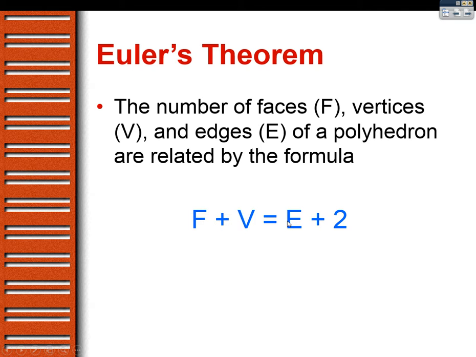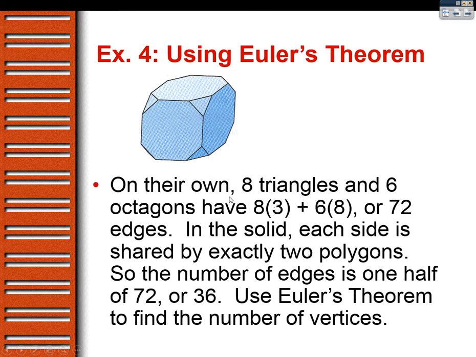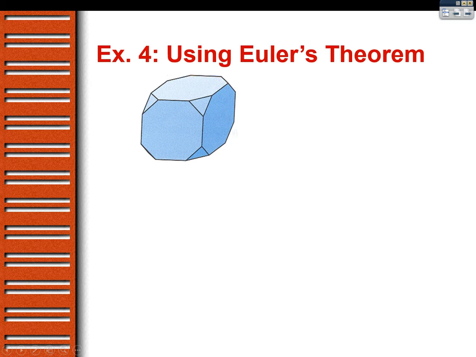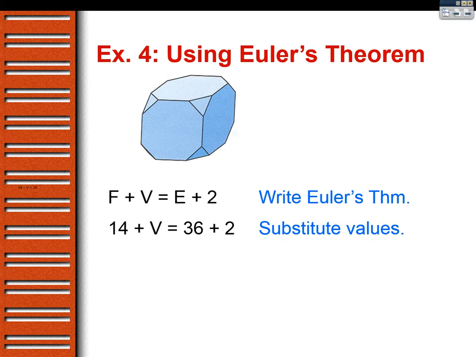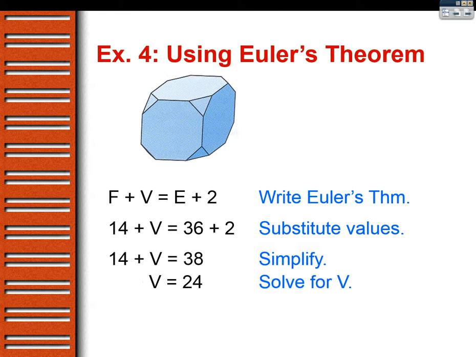Edges was 36, so 38 on this side, and there were 14 faces, so 38 minus 14, 24. It's got to be 24 vertices then. Okay? You get the idea?